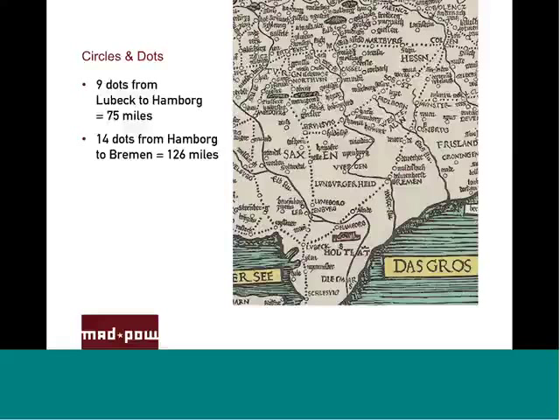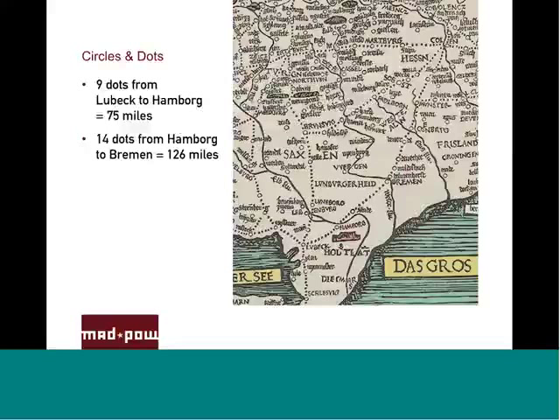What you see here is a close-up of Jutland and northern Germany. Down near the center, you can see the town of Lübeck and a set of dots connecting it to Hamburg, and then another set of dots connecting that to Bremen. If you actually count these dots and then you look at the distance that exists between these towns, you can see that the dots, which were, I guess, German miles at the time, are proportional to the distance.